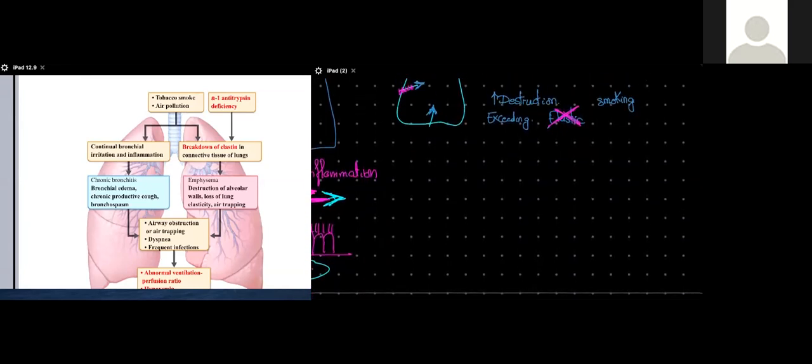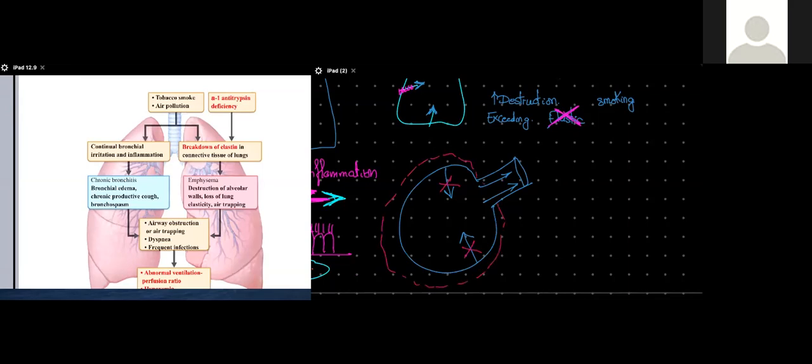And what's going to happen if the lungs fail to recoil? Rather than being able to squeeze the air out of my air sacs, if I had a reduction in my elasticity, the air will not be moving out. It's going to be trapped. Remember, what worsens the condition is that those patients also have chronic bronchitis. So I have narrow bronchi, narrow airways, and I have lost my ability to squeeze the air out.